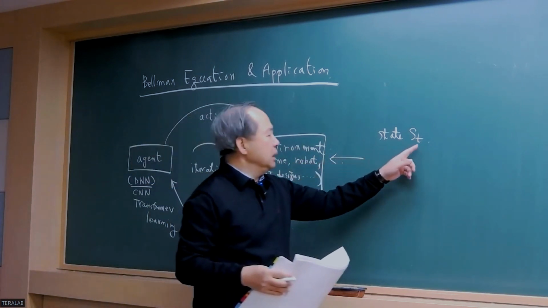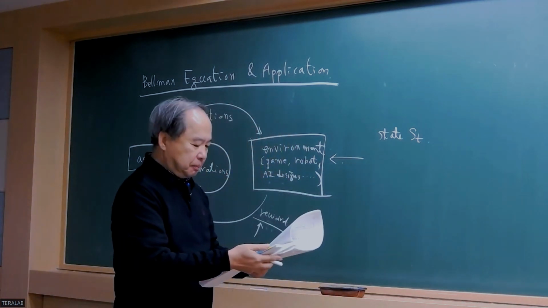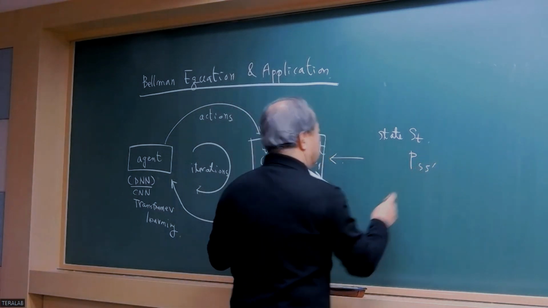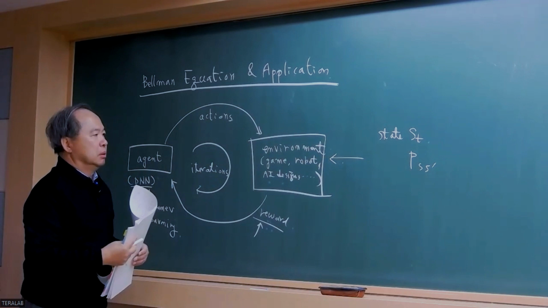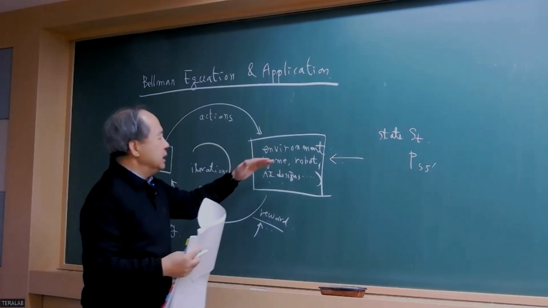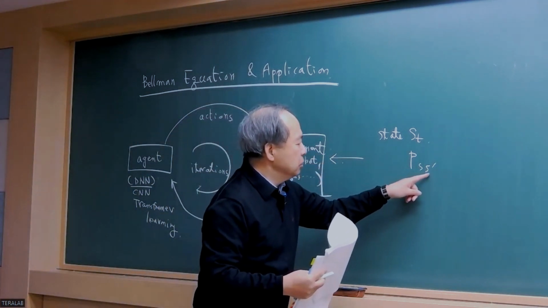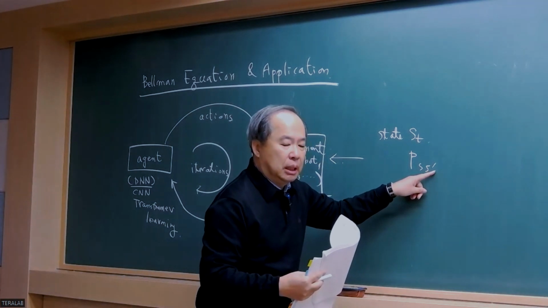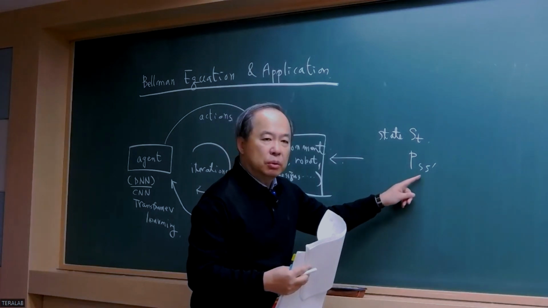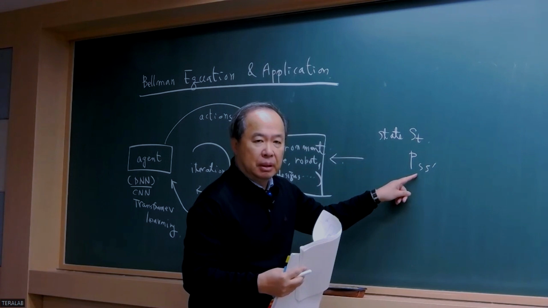At time step t, state is represented by st. Also, we have to define probability distribution. If we apply the action, state of the environment will be changed from s to s dash. That probability has to be defined. Sometimes we know this probability, sometimes we don't know this probability.